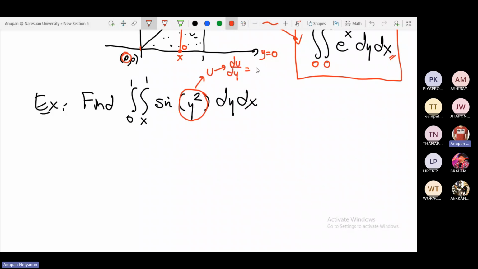So you get 2y, right? And at least y has to appear in here in order for this method to work. Right? So you have no y here, which means this is not working.